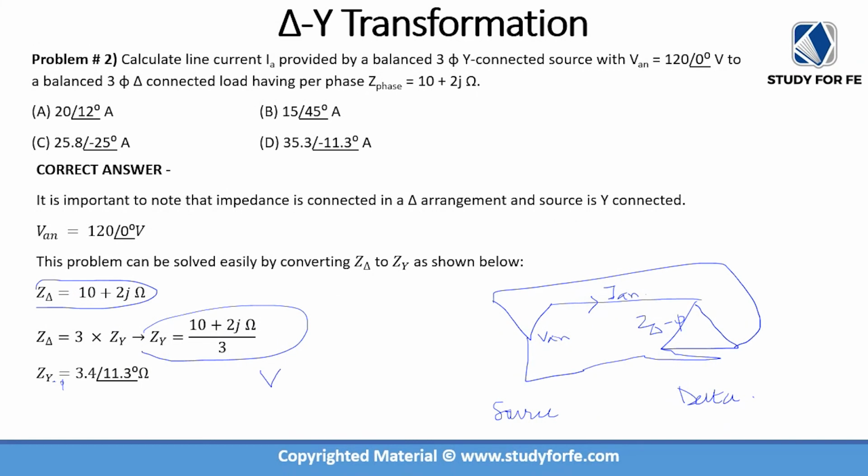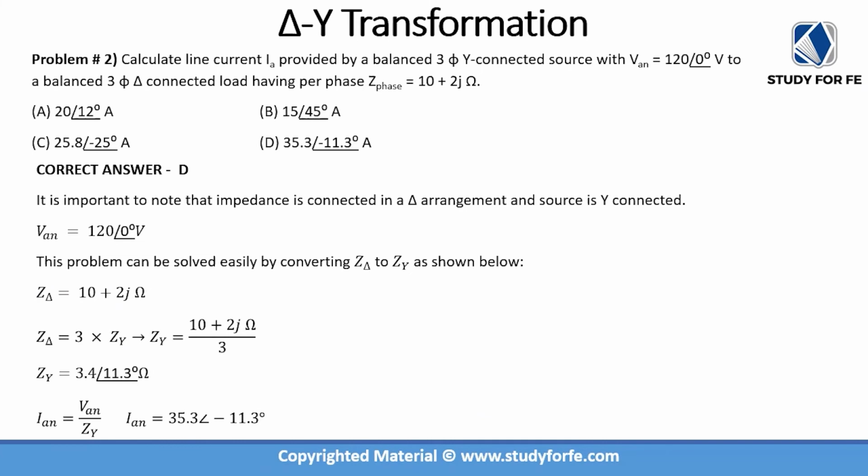Now your diagram looks like this, pretty neat and clean. You have a source which is Y and a load which is Y. Now you can make use of this ZY per phase and VAN to calculate IAN using Ohm's law.